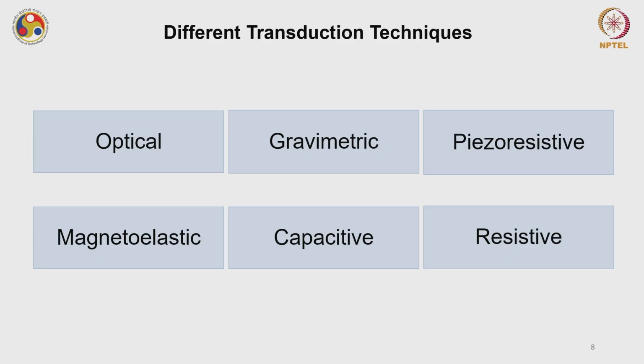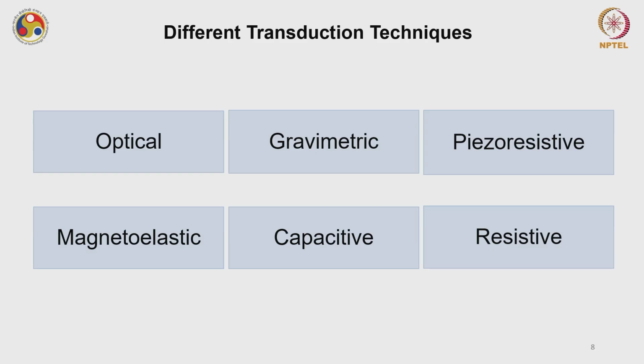So with the modern era, different humidity sensors or RH sensors have evolved, particularly based on various transduction techniques. Popular ones out of these transduction techniques are optical humidity sensor, gravimetric humidity sensors, piezoresistive humidity sensor, magnetoelastic, capacitive and resistive humidity sensors.